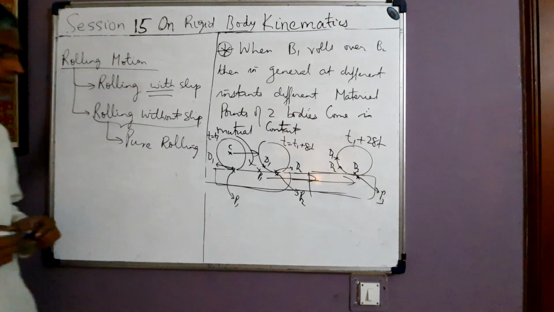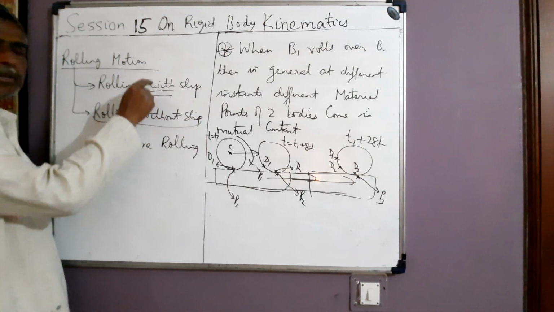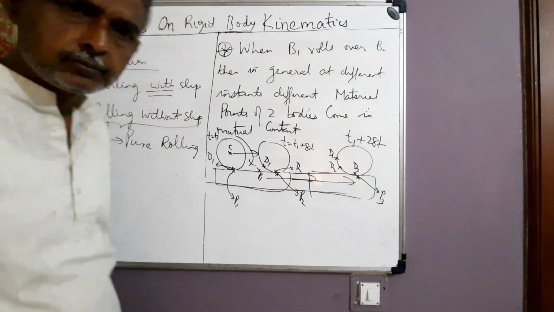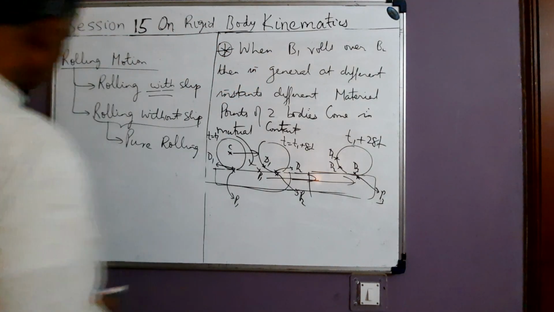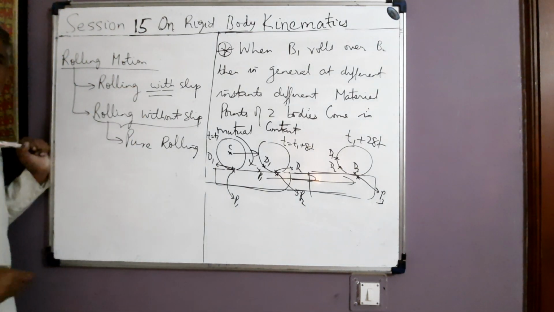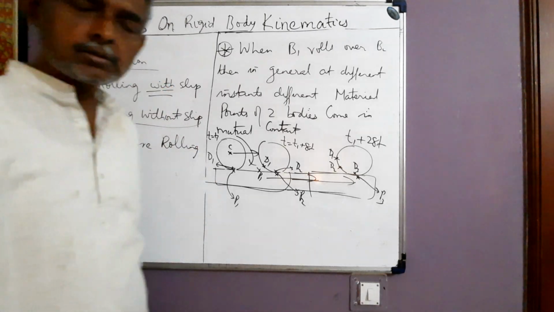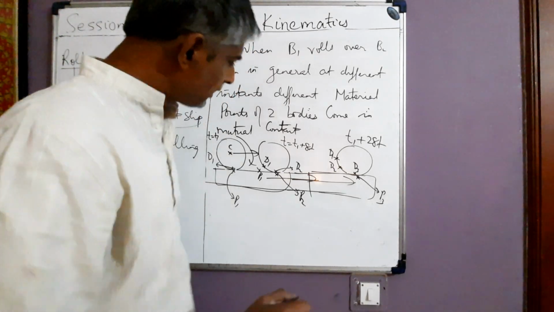Now our aim is to write down the mathematical condition for these 2 types of rolling motions. In both types of rolling motion, one mathematical condition is true. What is that? That I'll just state here.